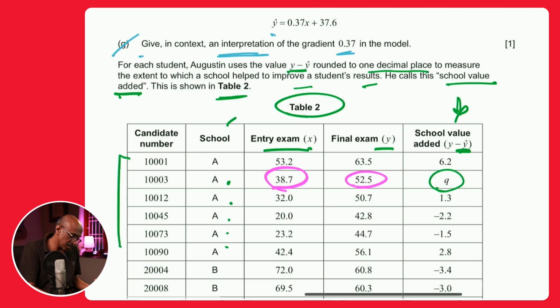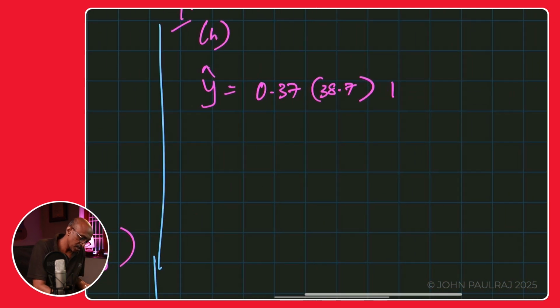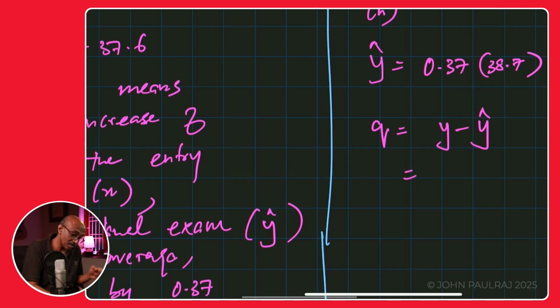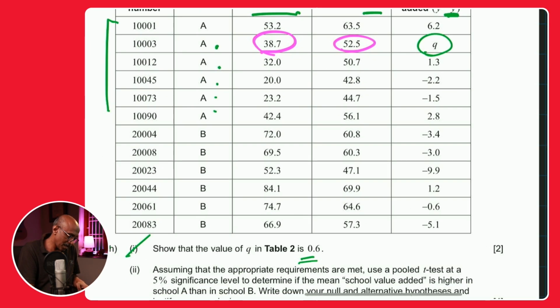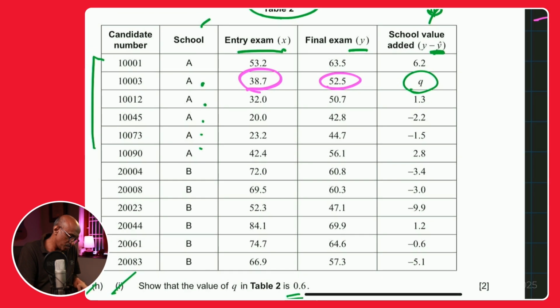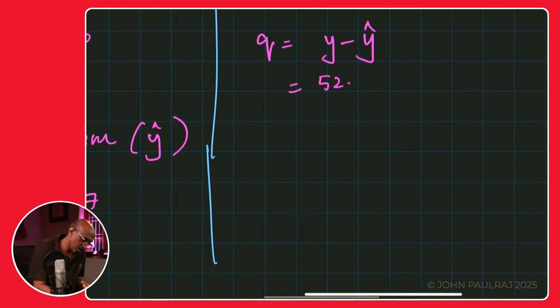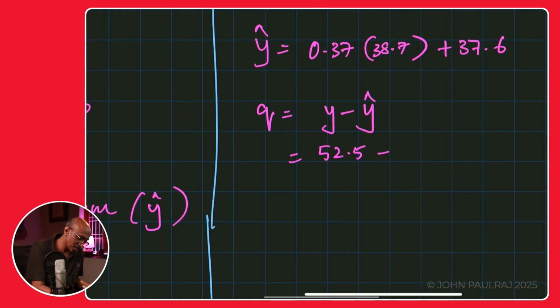0.37 times X plus 37.6, and then your Q should be just Y minus Y hat, that value of Y hat that you'll compute, and the value of Y here is 52.5, okay? The value of Y hat you're going to compute in a minute, so let's just jump to the calculator.